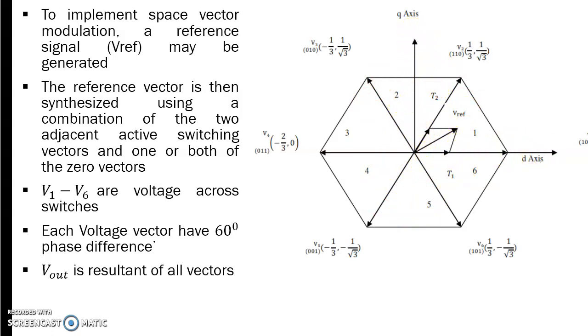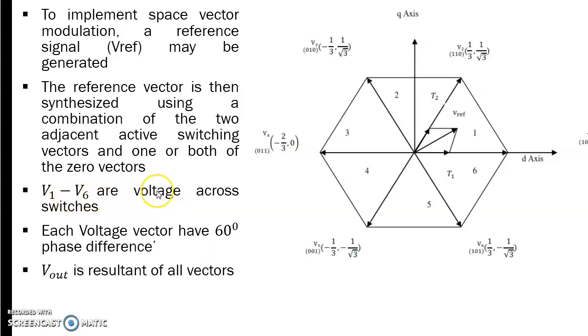D and Q plane. So now we need to consider only the ID and IQ components. For a particular time interval, you need to calculate the corresponding ID, IQ only. No need to calculate all these 3 elements, VA, VB, VC. The mathematical complexity can be reduced by transforming into D axis and Q axis. So there are 6 voltage vectors, V1 to V6.